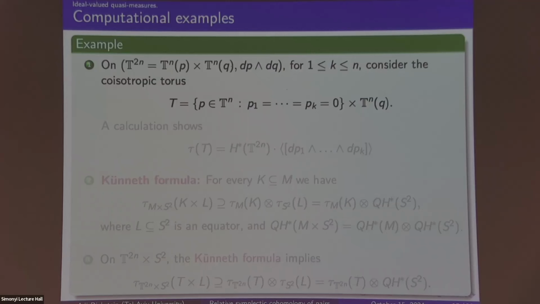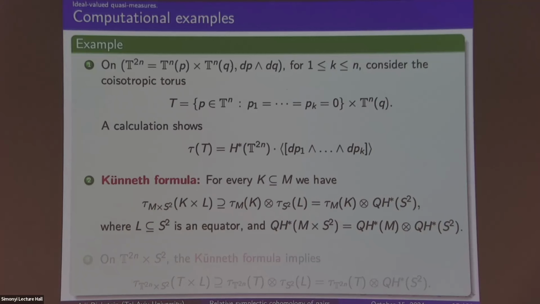What we proved is that its quantum cohomology IVQM equals the ideal generated by the wedge product of dp_i where i is between 1 and k. Here I wrote singular cohomology since the torus is aspherical, so there are no holomorphic curves here.